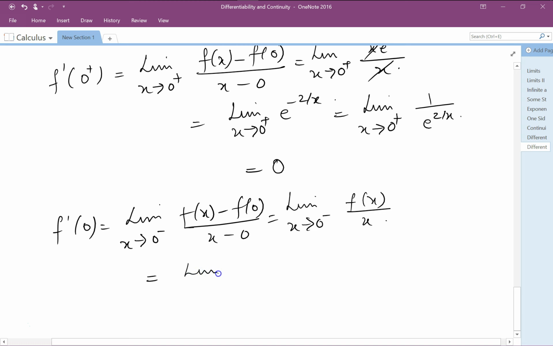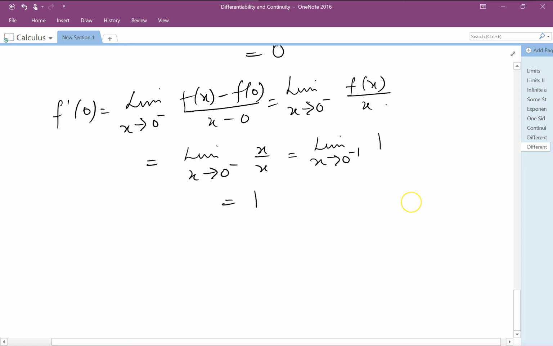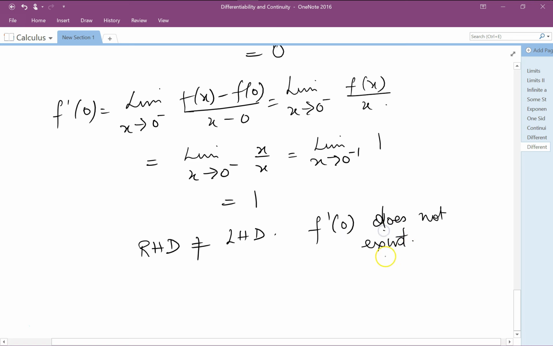So limit as x approaches 0 from the negative side, it is x by x, which is equal to limit as x approaches 0 from the negative side 1, which is nothing but 1. So which means right hand derivative is not equal to left hand derivative. So which means f prime of 0 does not exist. That means it is not differentiable at x equal to 0.